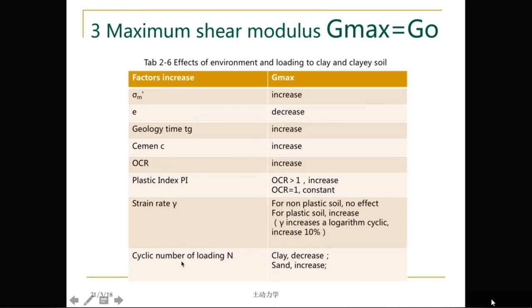And as the cyclic number of loading increases, Gmax of clay decreases, but Gmax of sand increases. Now we can find for clay and sand, the behavior is totally different.